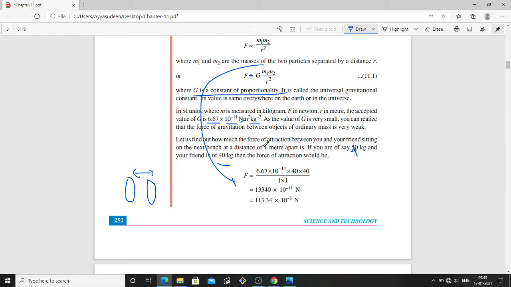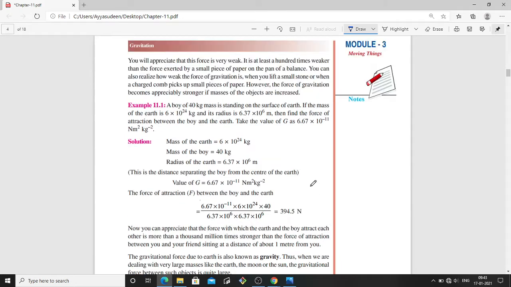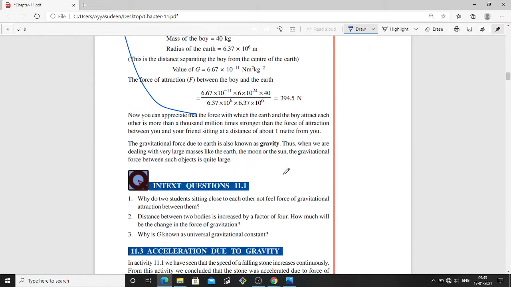F is equal to G, 6.67 into 10 to the power minus 11, into the product of the masses, 40 into 40, divided by the distance 1 meter, so 1 square. So the value is this one. Likewise, they have given an example problem. You can just apply the formula and find it out.